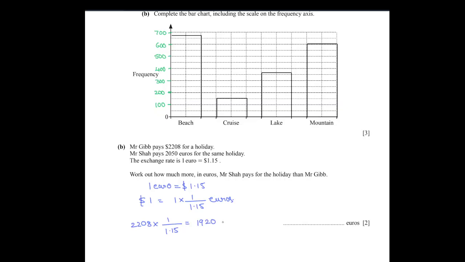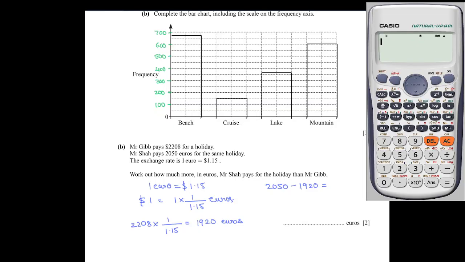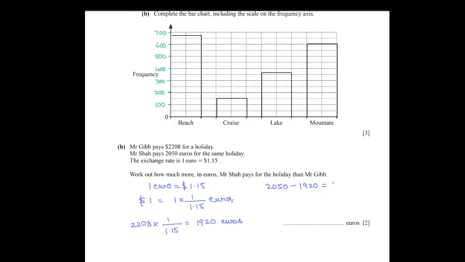So he is paying 1920 euros, Mr. Gibb. Now how much more is he paying? Now Mr. Shah is paying 2050. So how much more? 2050 euros minus 1920 euros will be 2050 minus 1920 is 130. So 130 euros. 130 euros is paying more.